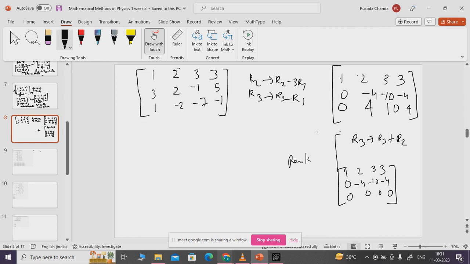So the rank of A is equal to 2, and also the rank of M, this is A and only this is M, is also 2, but it is less than the number of variables.